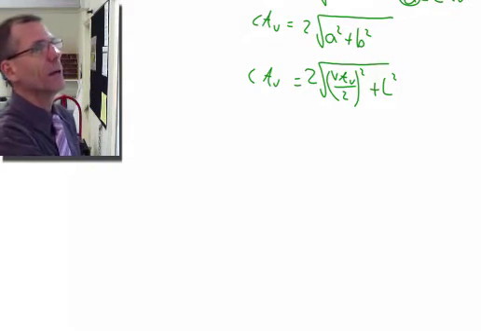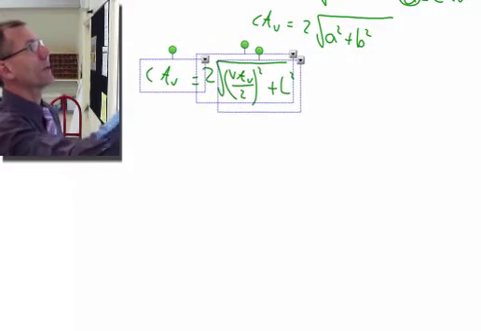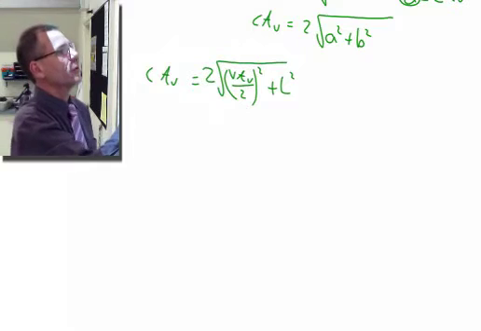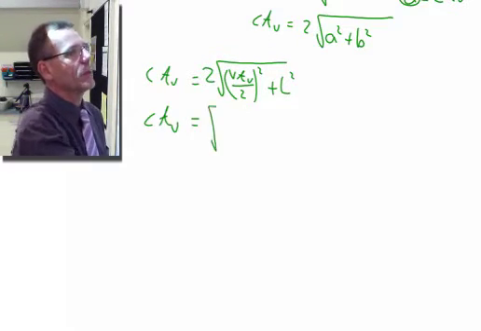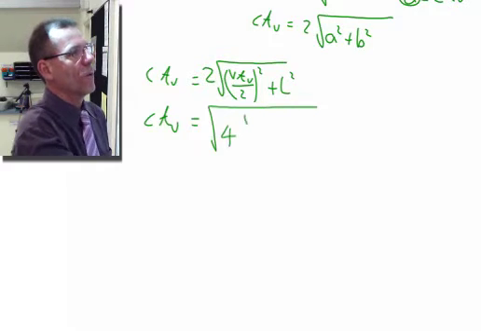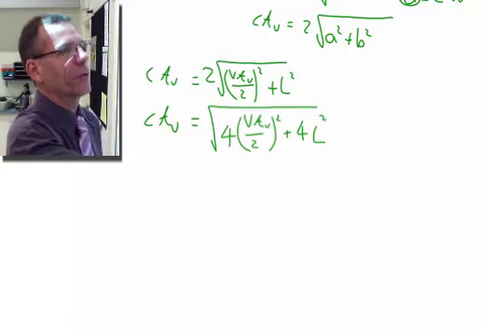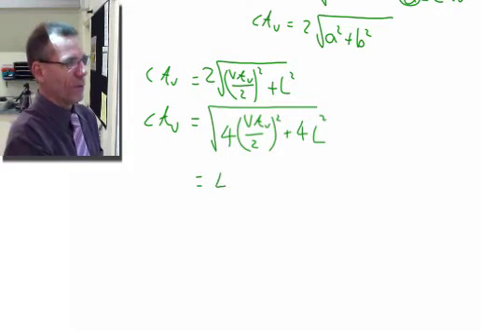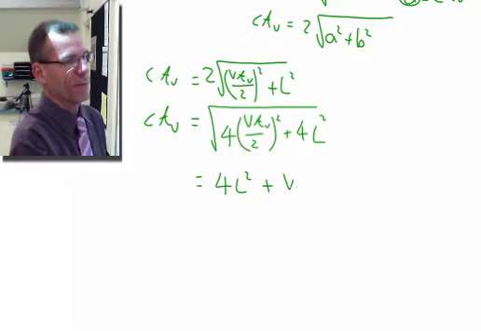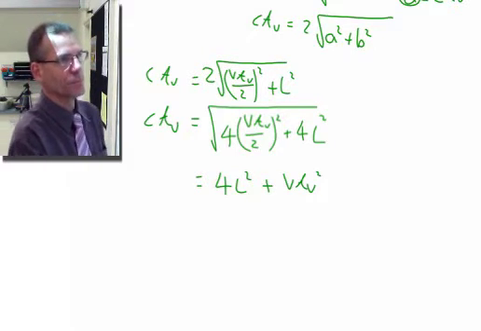I want to move that 2 inside the bracket, so c tv is going to be equal to the square root of 4 outside of v tv on 2 all squared plus l squared, which is going to give me 4l squared plus v tv all squared.